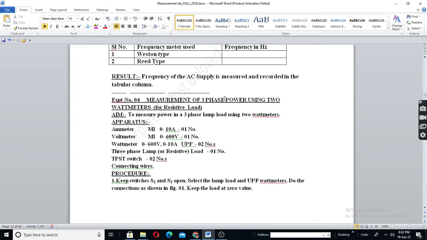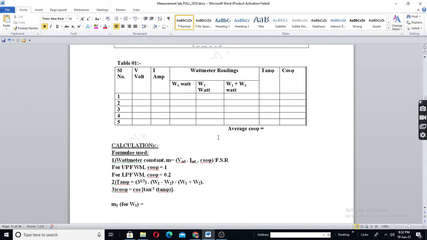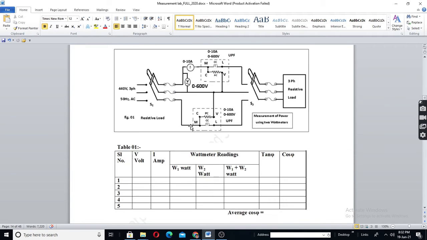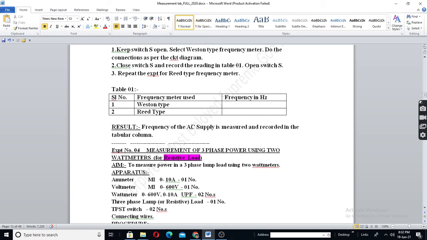Measurement of three-phase power using two wattmeters. Case A is resistive load. Okay, experiment number 4. In experiment number 5, you have same experiment but for inductive load. Now circuit diagram is like this.